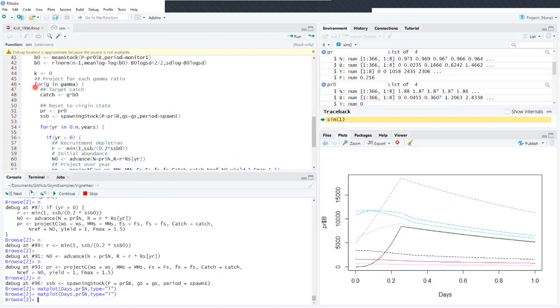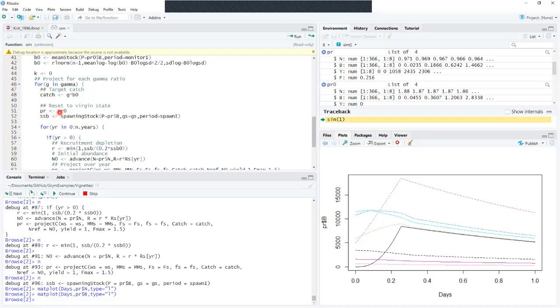Having done 20 years of projection for one gamma, it goes back and asks what our target catch will be for the next gamma. Let's reset back to this virgin state, do 20 years of projection again. Then it'll go on to the next gamma, reset back to the virgin state, do 20 years of projection.